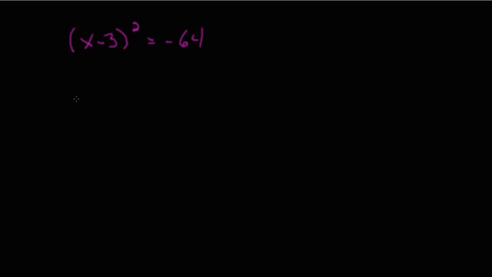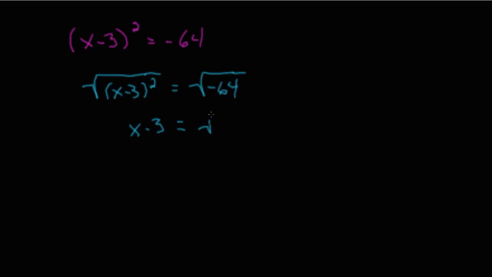So if we take the square root of both sides, we can say the square root of x minus 3 squared equals the square root of a negative 64. So the square root of x minus 3 squared will give us x minus 3.